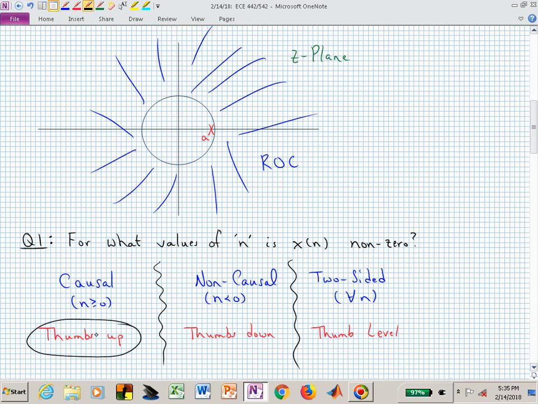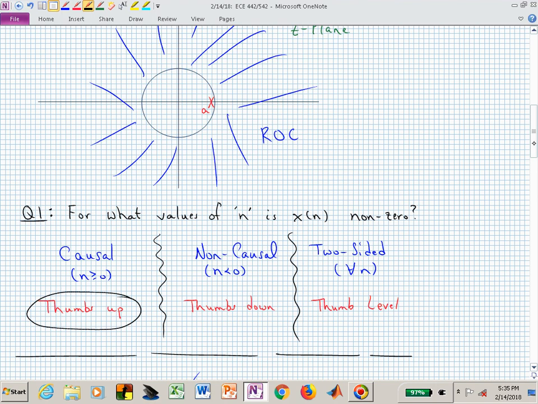a thumbs up. Is that the right answer? And if it is, why? Do you remember how you could quickly assess this? You could look from the definition of capital X of z and look at the series expansion and examine, let's say, a limiting value of z and see if that needs to force particular sequence values, those coefficients, to 0.